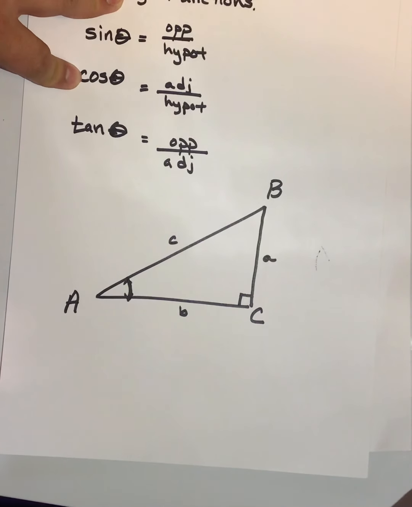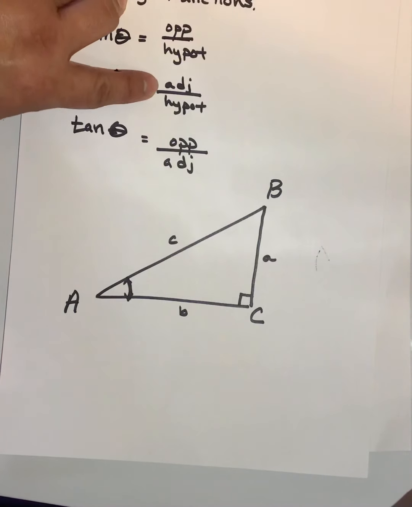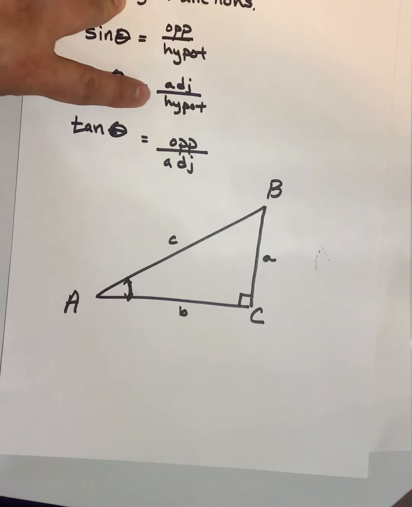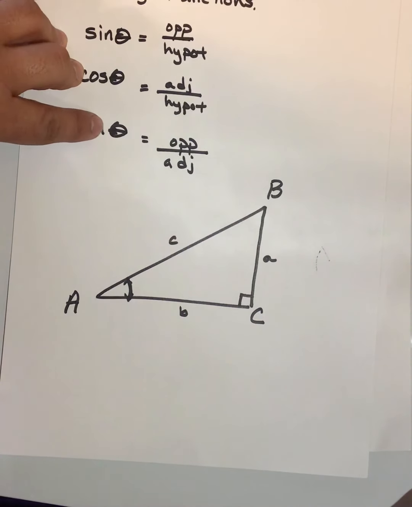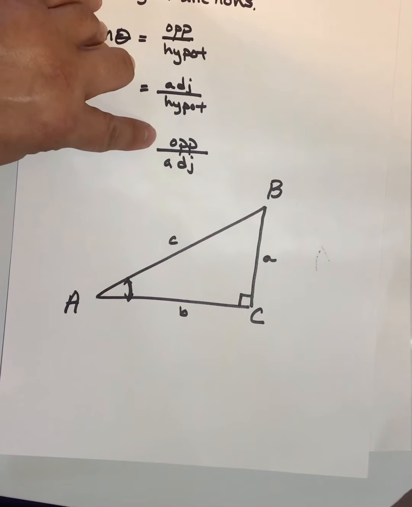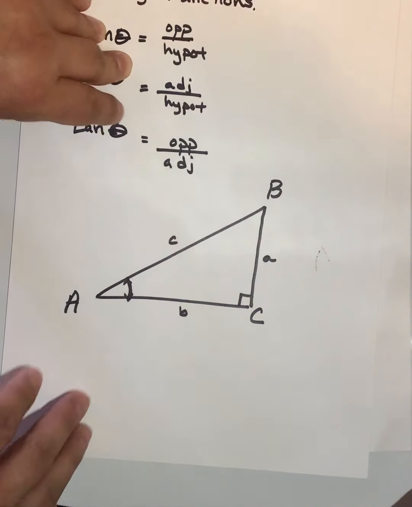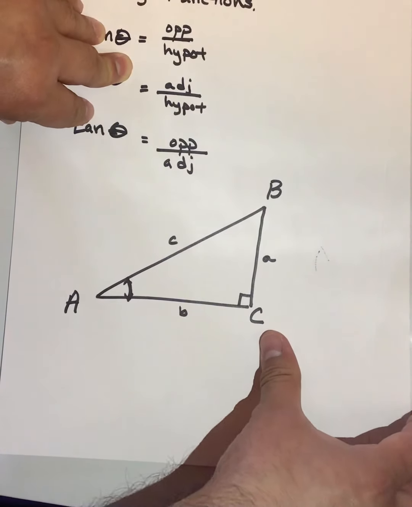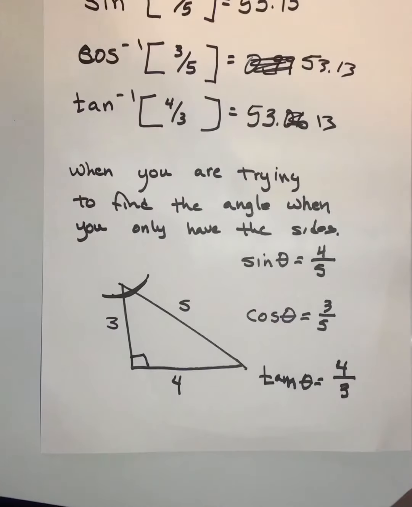Cosine is going to be the side adjacent from that reference angle divided by the side hypotenuse. Same with tangent. Tan is equal to whatever is side opposite from that reference angle divided by the side adjacent of the angle. But in this case, we're trying to find the measurement of the angle.